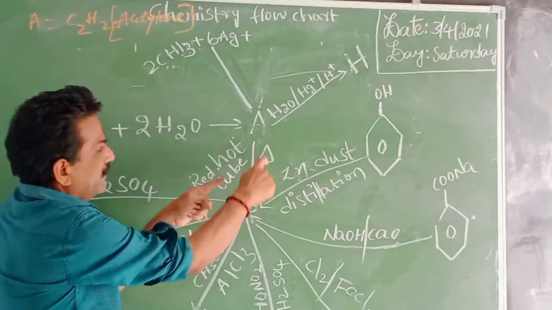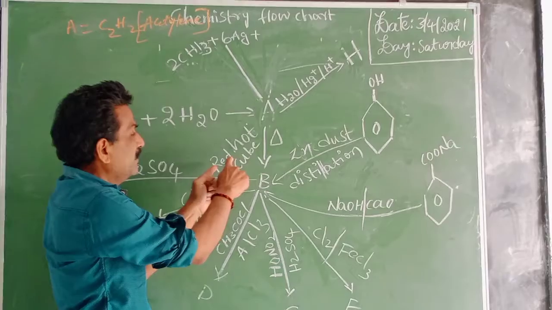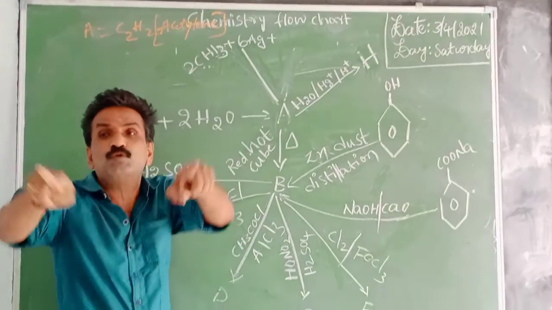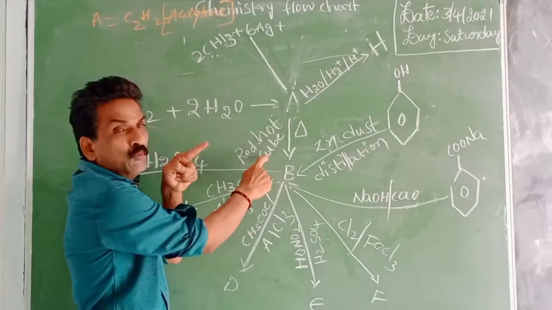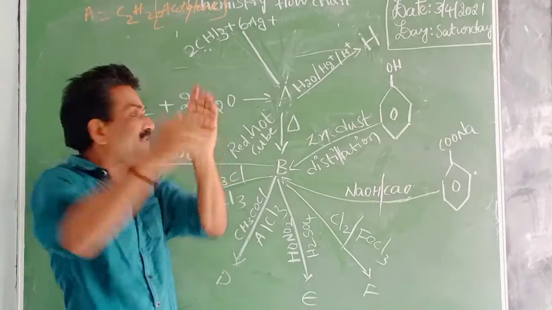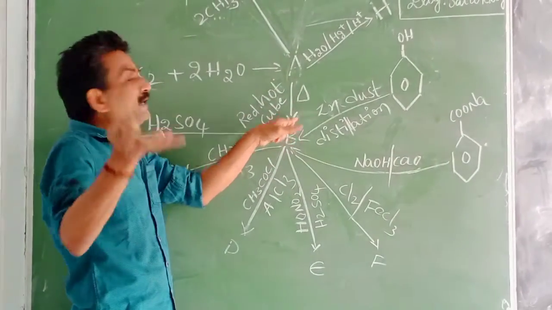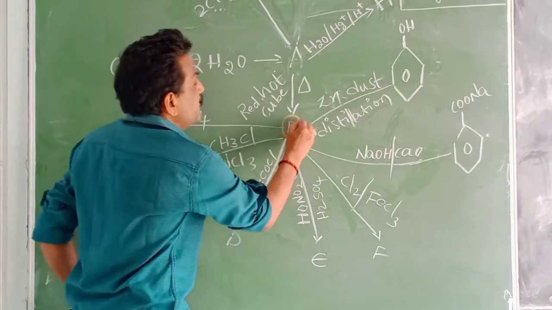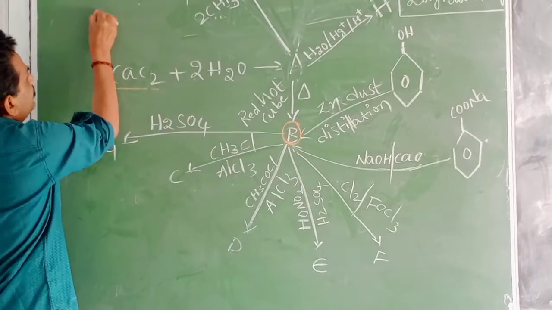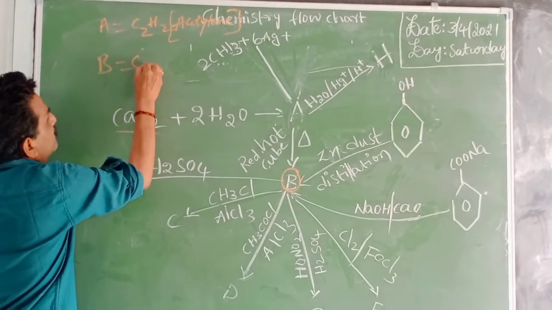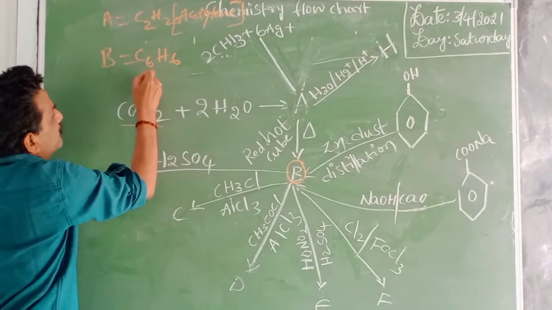Acetylene, delta means heating. Acetylene gas is passing through a red hot tube. What happened? B. B is nothing but benzene, C6H6.